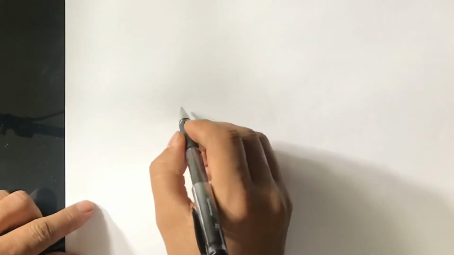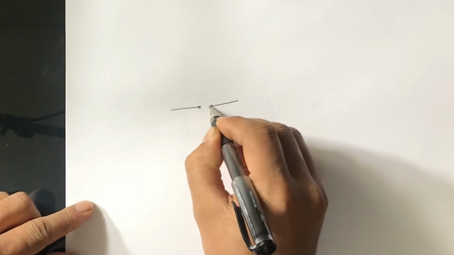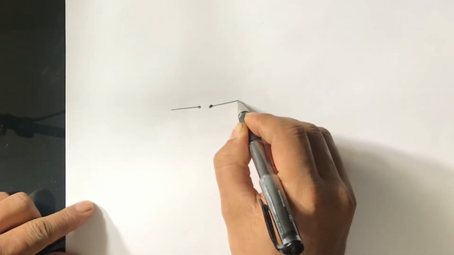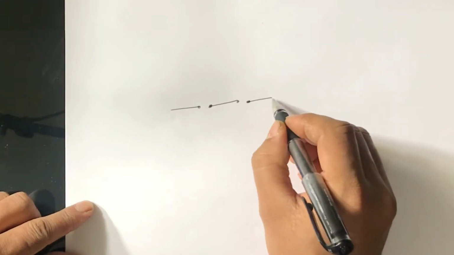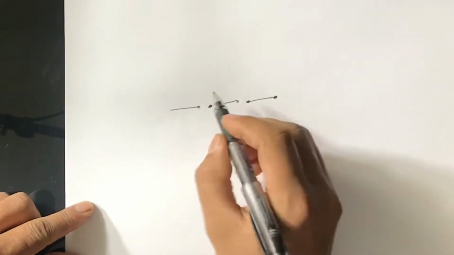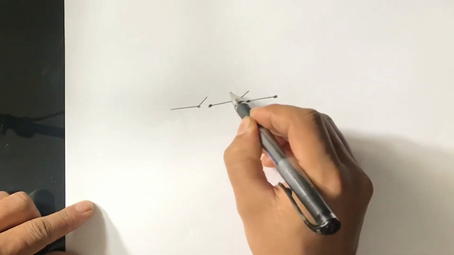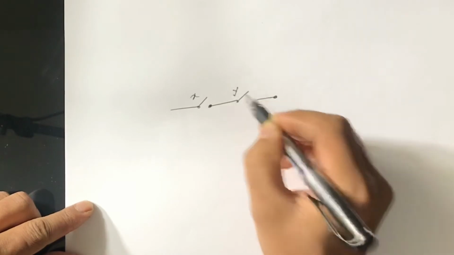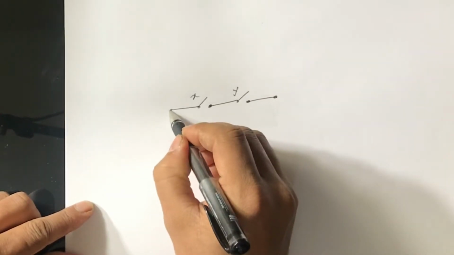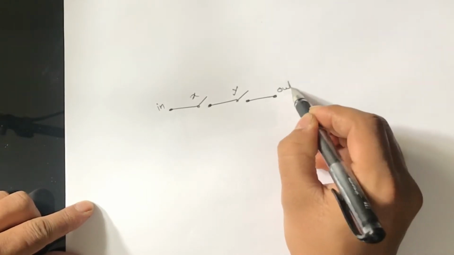Let me connect two binary switches in series. This is one switch and this is another switch. This switch we say X and this switch we say Y. In, out.